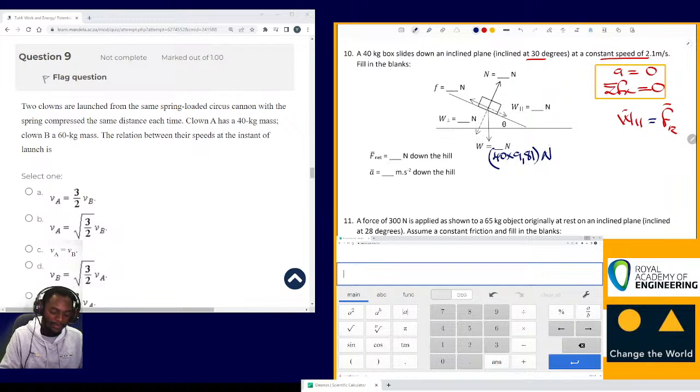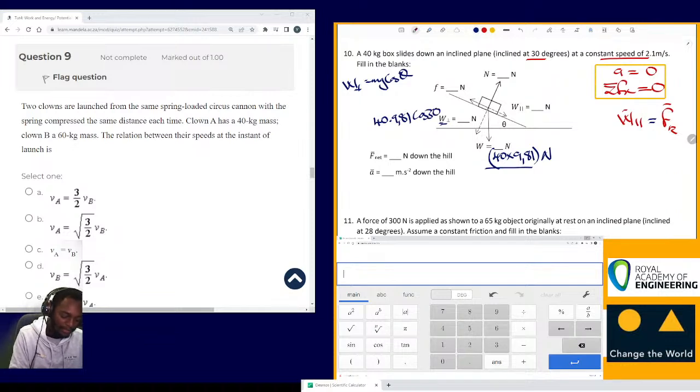And the component of the weight perpendicular to the slope, we know that it is equal to mg cos theta. So in this case, it is going to be 40 times 9.81 times cos 30.